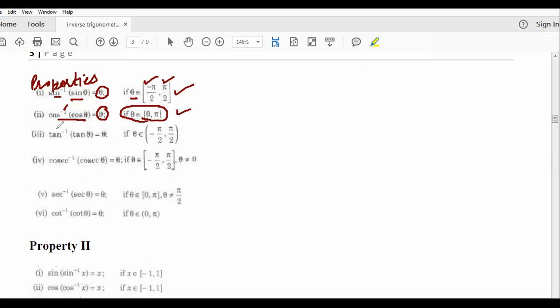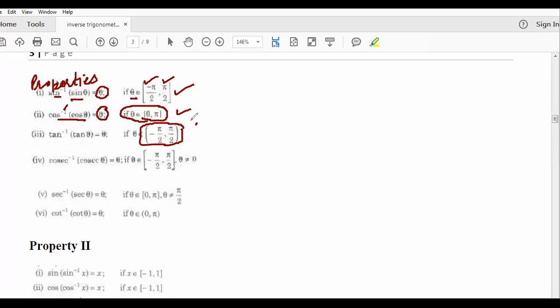In case of tangent inverse, tangent inverse tangent theta, these are the inverse functions of each other. So theta remains here. So the value of theta in case of tangent theta is again minus pi by 2 to pi by 2. Okay, it's an open interval. The endpoints are not included because at minus pi by 2, tangent theta is minus infinity.